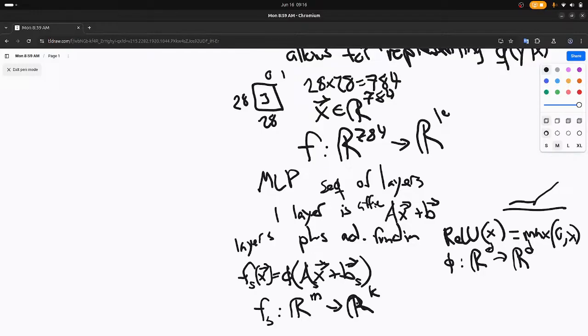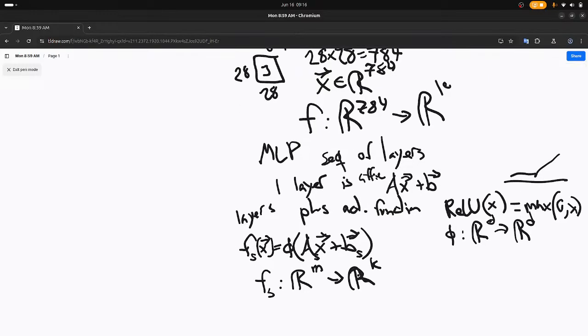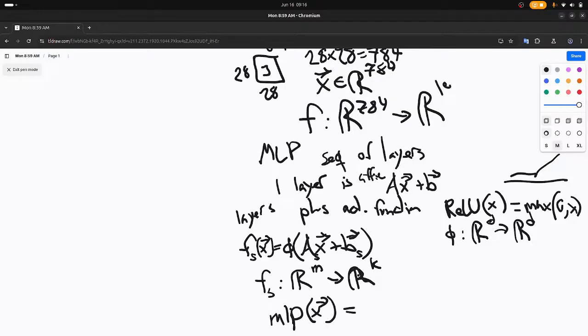And if I then ensure that they match the different f of s's for the different s's, I can write my MLP of x. It's kind of a functional composition. So I compose f1, it depends on the notation, of course, f composed with g.